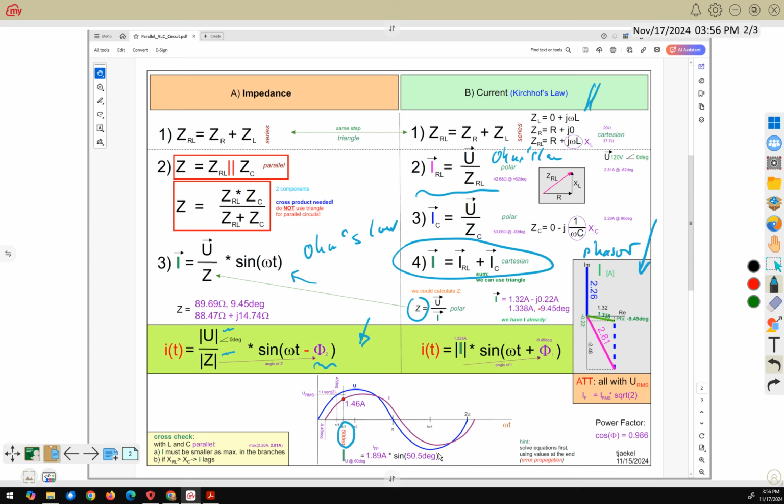And I give you here a drawing, and you see, okay, the current lags behind, so that we can use the phase difference between voltage and current, and then we use this formula in order to figure out what is the momentary current at this point when the voltage reaches 60 degrees of its phase.